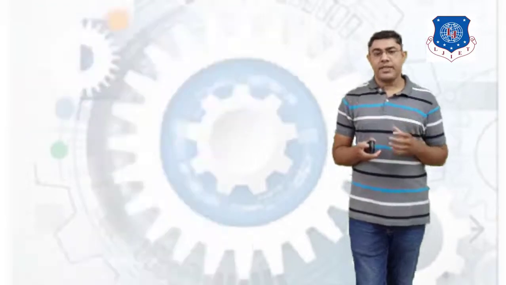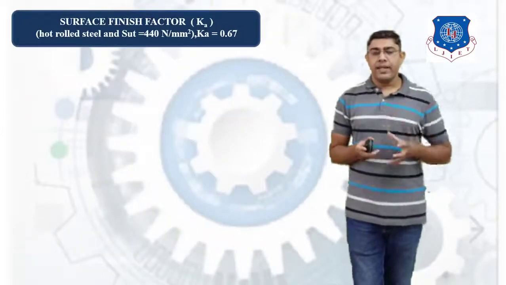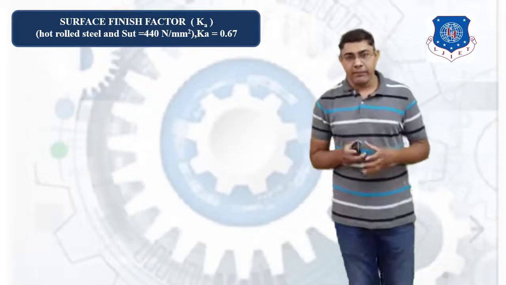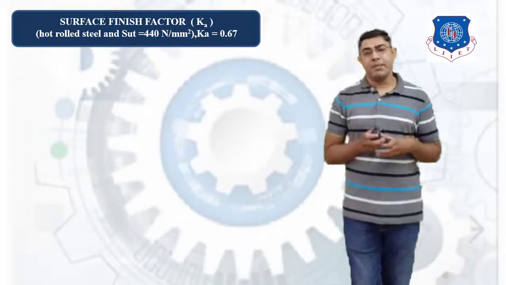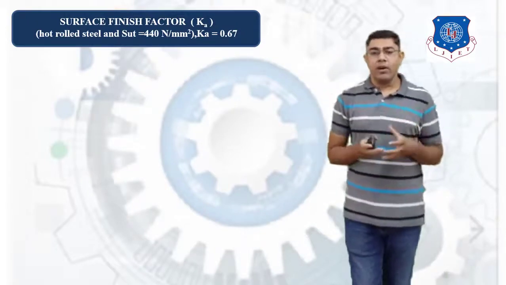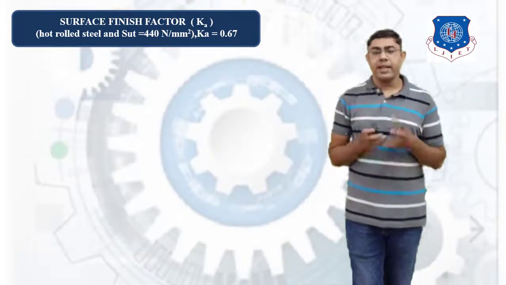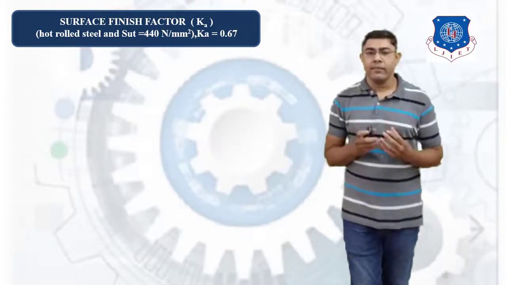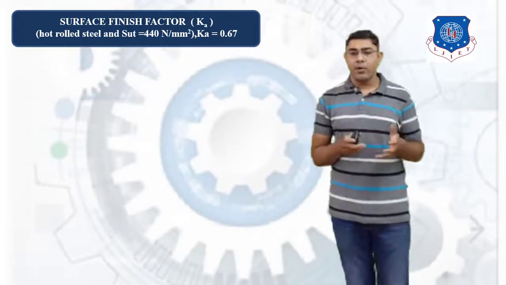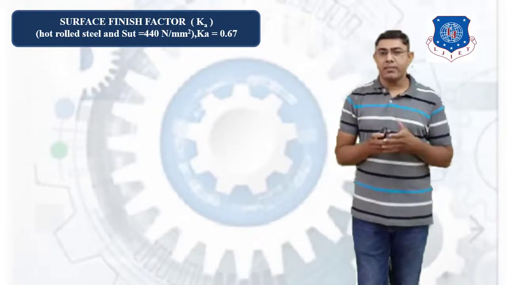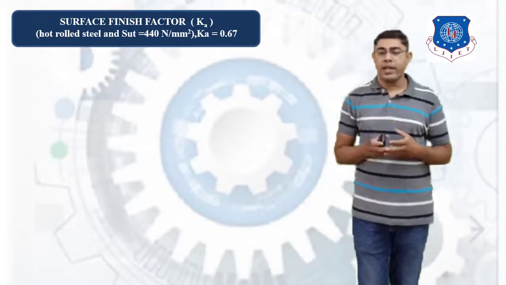First we start with the surface finish factor Ka. We know the surface finish factor is a function of the machining operation and the ultimate tensile strength. Here the condition is hot rolled steel and SUT is 440 Newton per mm square.